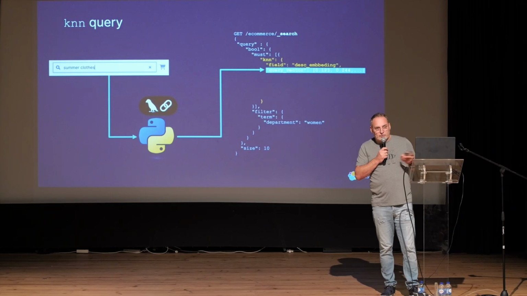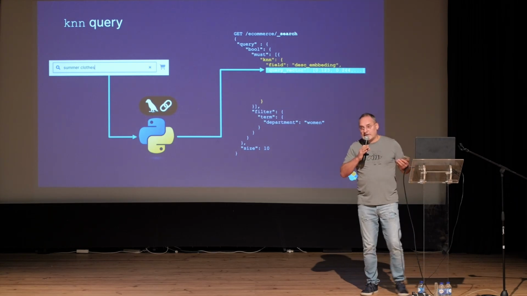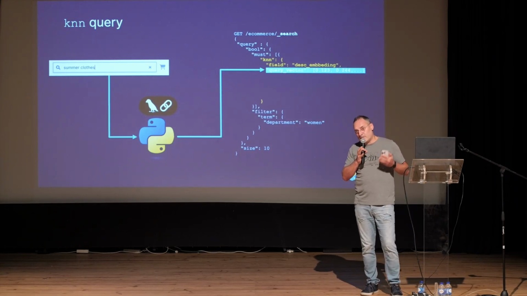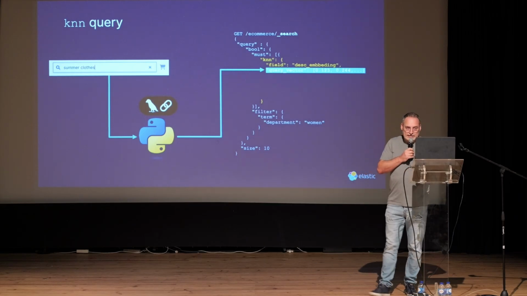The cool thing for you who know Elasticsearch already is that you have access to all the other features of Elasticsearch. You can combine that with the BM25 search, so the lexical search that I presented before. The filtering: I don't want to have the whole data set, but I know that on my e-commerce website I'm on the woman part, so I don't need to get other data.